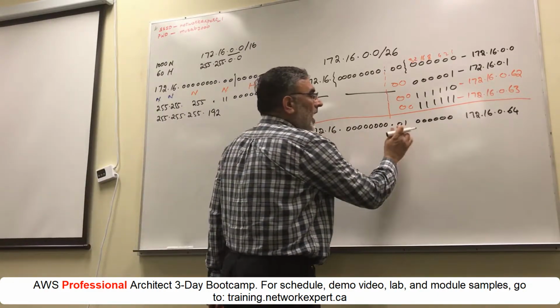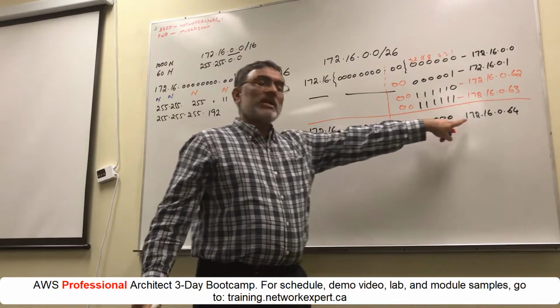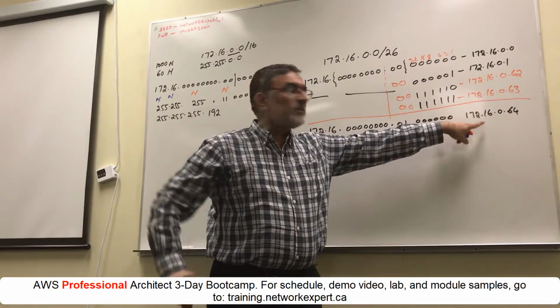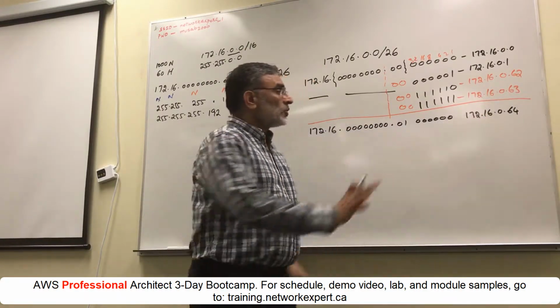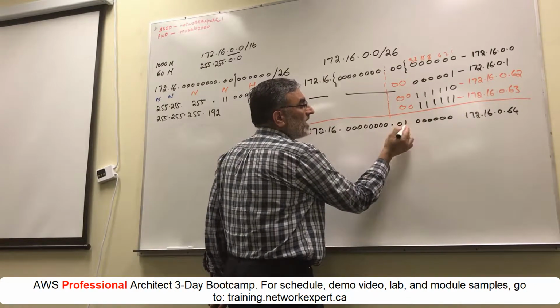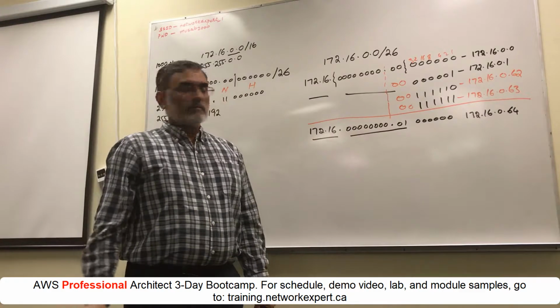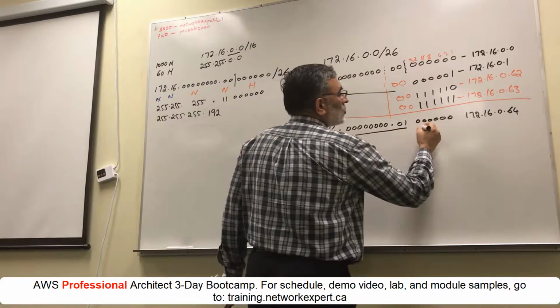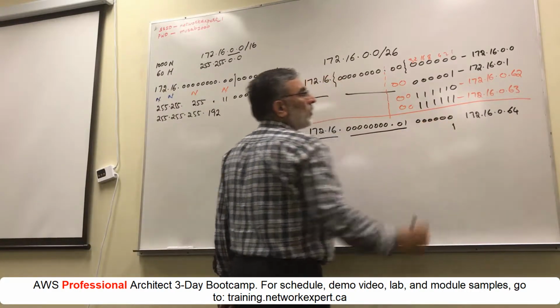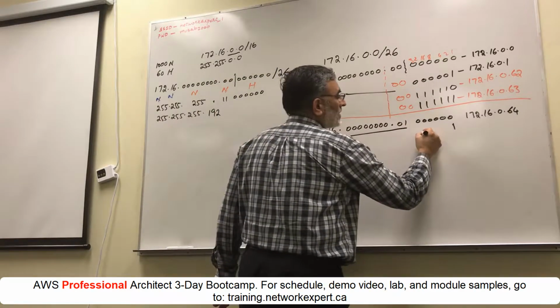I'm going to calculate now the first valid IP address, the last valid IP address, and the broadcast address under this subnet. When I make these, I will not make any change in this portion; it stays constant. So all zeros with the last one is the first valid IP.